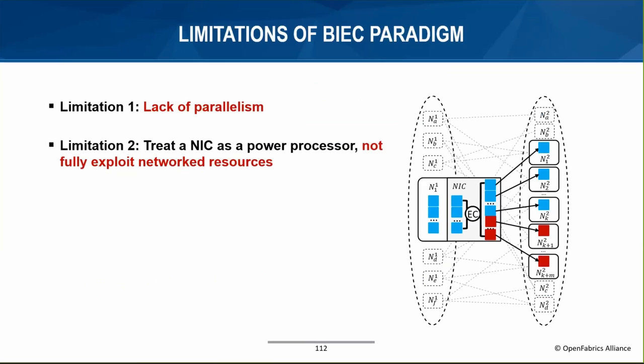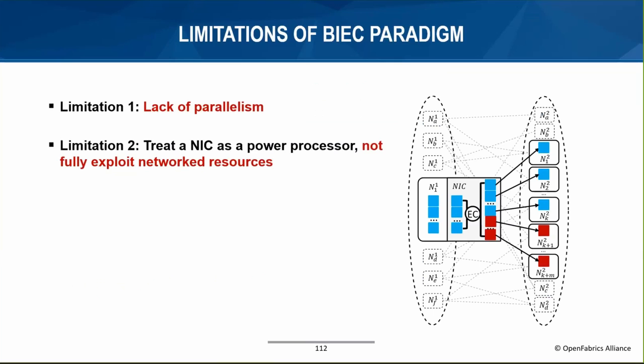The first limitation is that if we follow this kind of approach, the EC operation will lose a lot of opportunities to achieve better parallelism. As we can see from the encoding and decoding examples, EC calculation is only performed by one node or one NIC, and the other involved nodes do not carry out any computations.